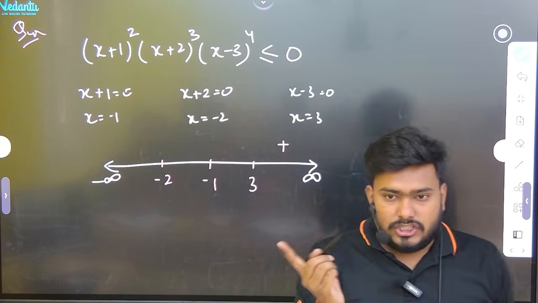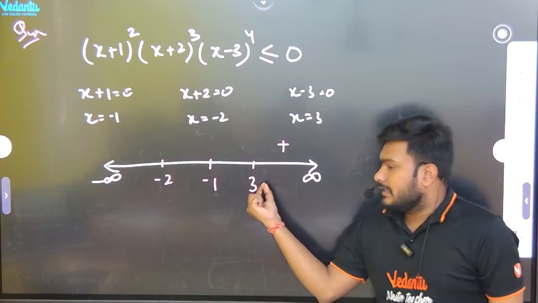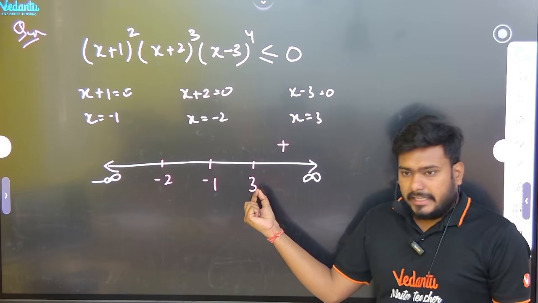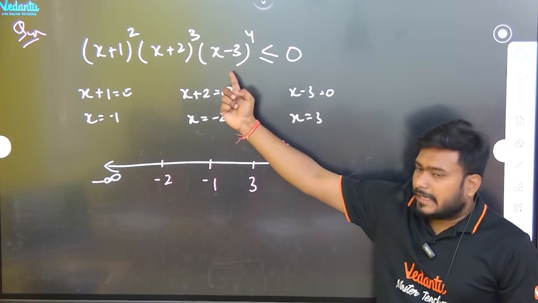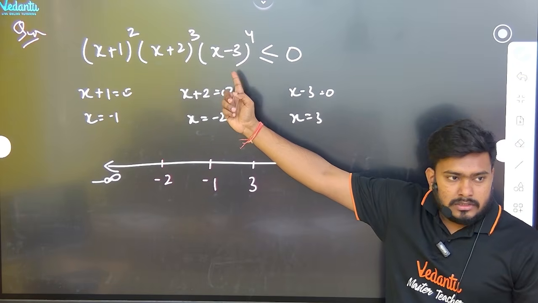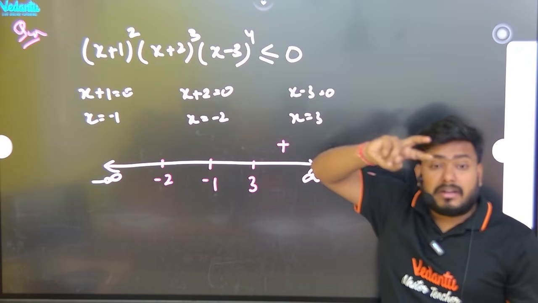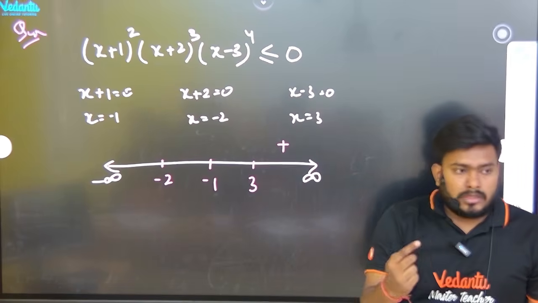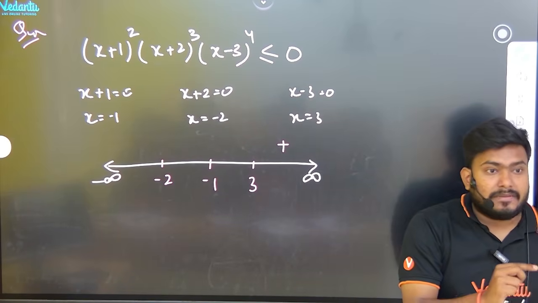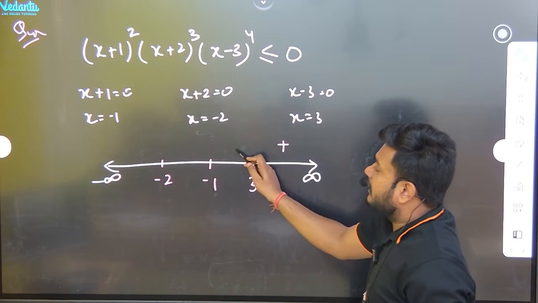Now with the change or no change, you will help me. You started a journey from infinity, you reached till 3. 3 is coming from which bracket? This bracket. Correct? What is the power of this bracket? Even. Power even, sign will not change. Power odd, sign will change. That means plus will remain.